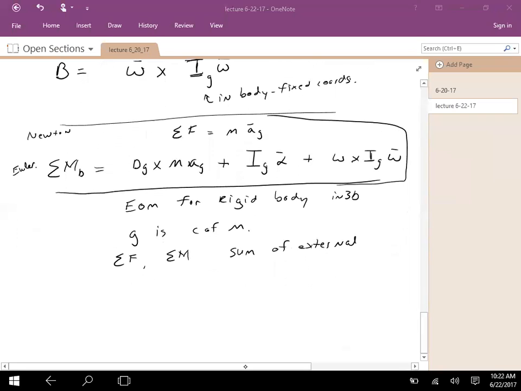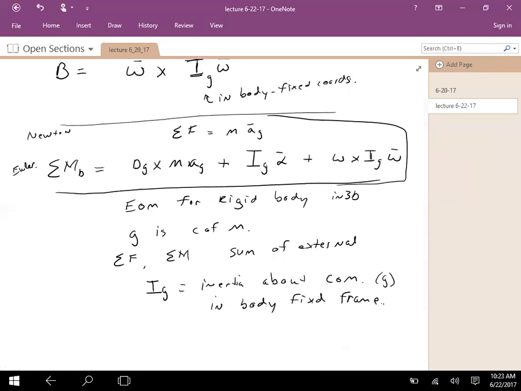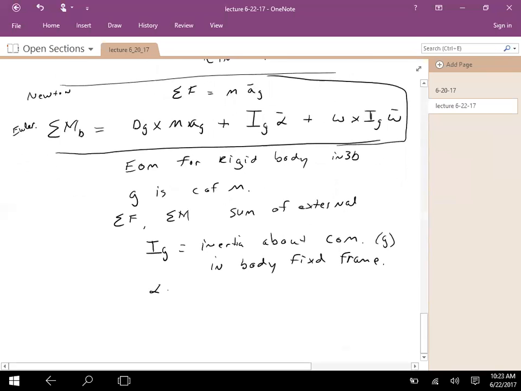One of the big reasons I bring it out is that this I_G is the inertia about the center of mass, or CG, about G, and it's in the body fixed frame. That came from the derivation. When you're doing that derivation, both alpha and omega had to be written in the body fixed frame. So I'll put it here: alpha and omega are expressed in the body fixed frame.